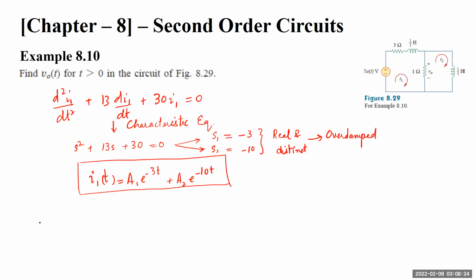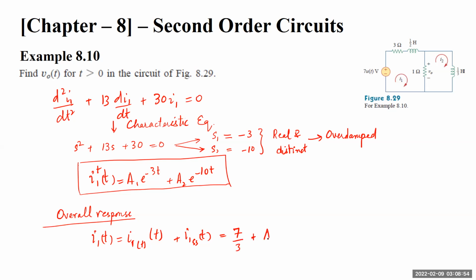Then we have to find the overall response. Remember, I1 of t is equal to I1 transient response plus I1 steady state response. The I1 steady state response was 7 by 3 amperes, so I1 of t equals 7 by 3 plus A1 e raised to the power minus 3t plus A2 e raised to the power minus 10t.